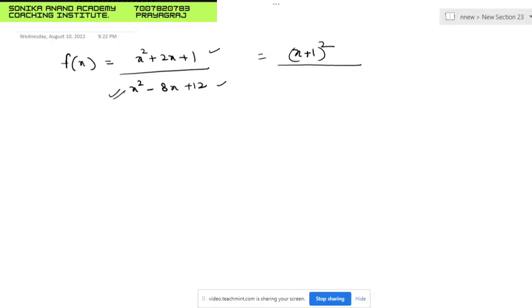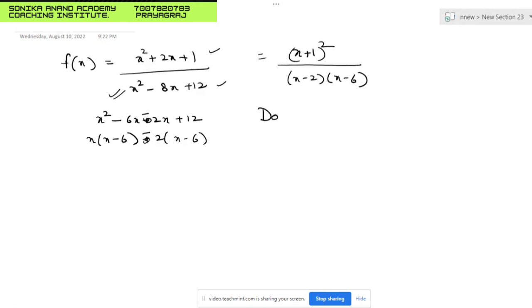Now what is the factorization of this? Clear? Now if we have to find the domain, clear?